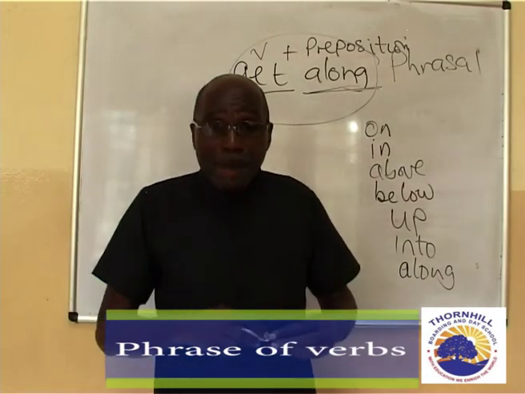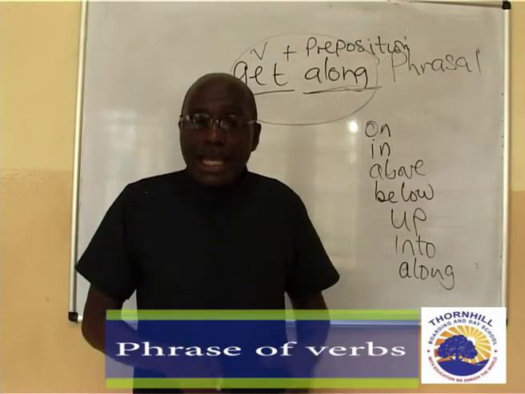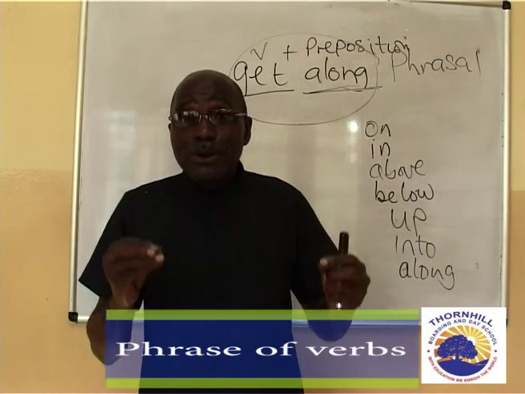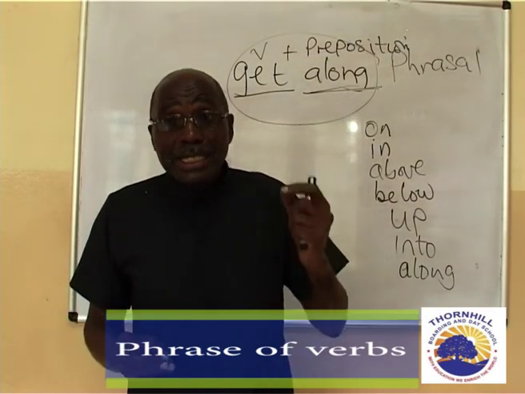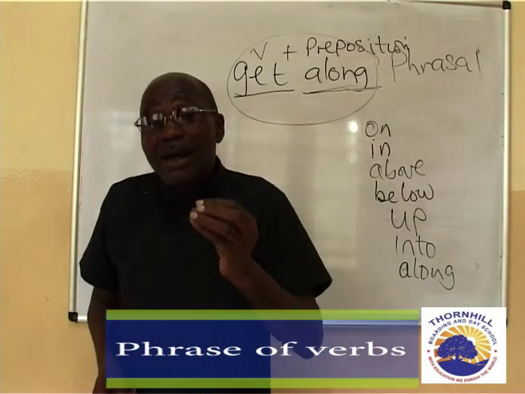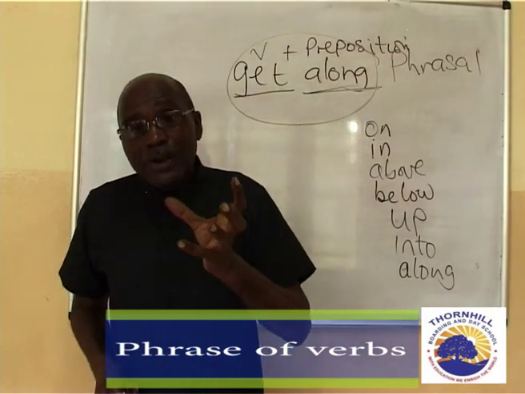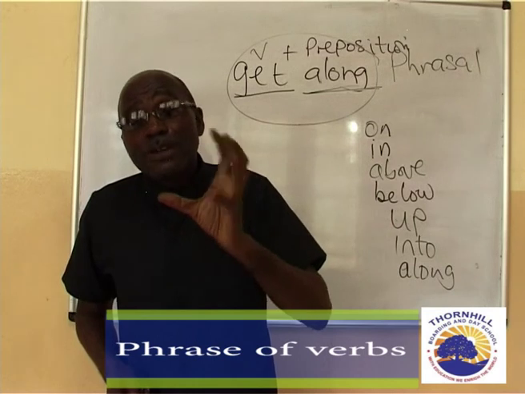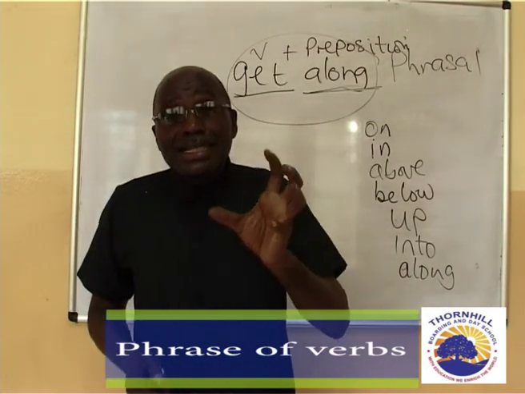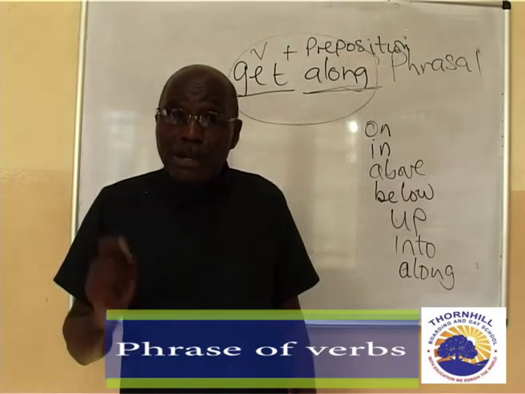When you combine sitting and on, that gives us what we call a phrasal verb. As such, we must know how to express certain phrasal verbs if we want to give a clear understanding of what we are talking about.